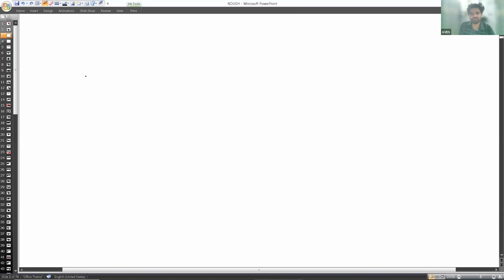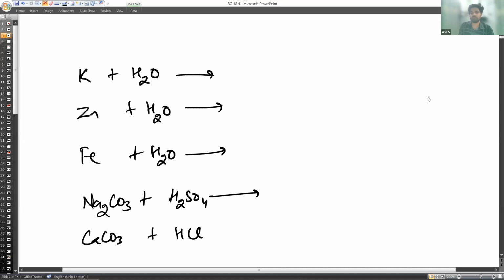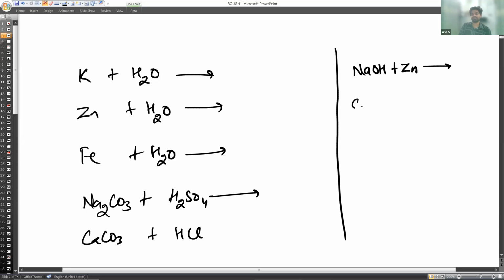What happens when potassium reacts with water, and zinc when it reacts with water, aluminium, iron, Fe when they react with water, then Na2CO3 reacts with H2SO4, and CaCO3 reacts with HCl, and next NaOH reacts with Zn, and CH3COOH reacts with sodium.